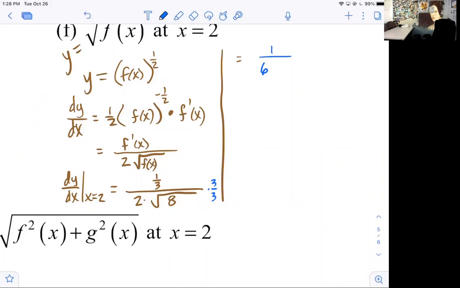And then the square root of 8 doesn't simplify, does it? Or it does. It's not a perfect square, but it is 4 times 2. And 4 is a perfect square. So it simplifies to 2 square root of 2. So that becomes 1 over 12 times the square root of 2. Multiple choice answer. Would College Board necessarily rationalize the denominator?